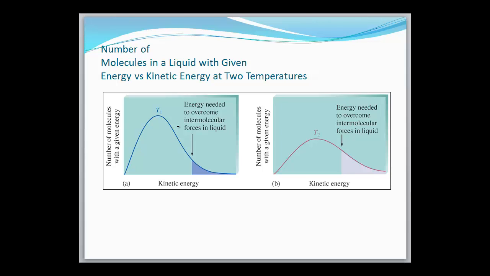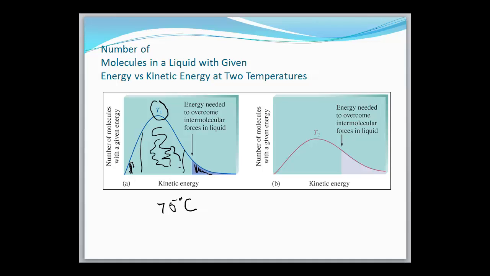So if we have a system here at one temperature, let's just assume the temperature is 75 degrees Celsius, what this means is that the majority of the molecules are going to have roughly the same kinetic energy or the same temperature. However, you have a small percentage of molecules that are going to have higher kinetic energy.